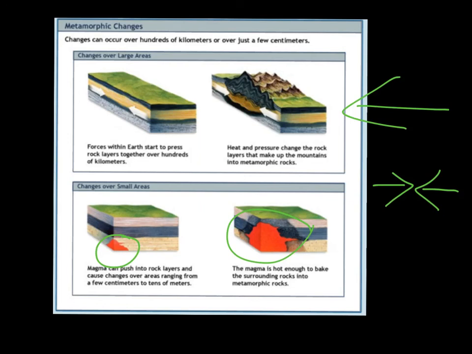Small change can happen in areas where you have maybe magma coming up or lava coming from a volcano, which is going to cause that recrystallization to happen. There you're going to have one or the other, typically temperature, but you're going to have a small area of change because it's just the temperature that's causing the change, not temperature and pressure.